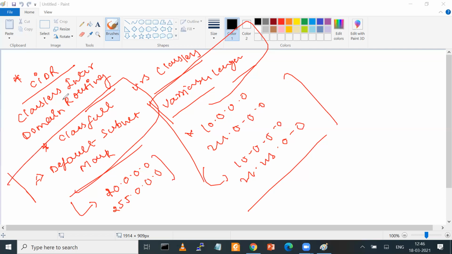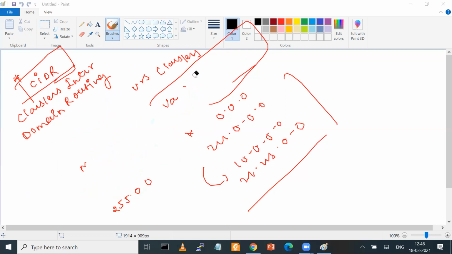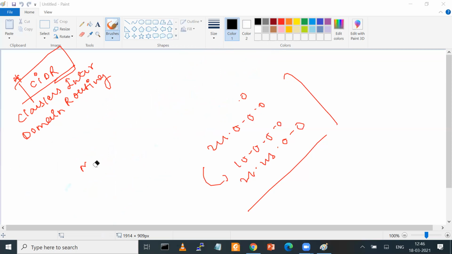Before CIDR, we have to understand all these things like classful and classless, which I've already explained. Now I'm coming to CIDR. Sir, we are currently only using classless, correct? Yes.